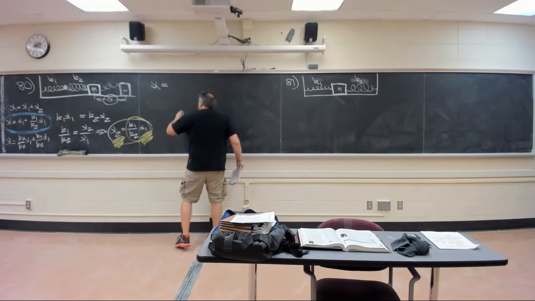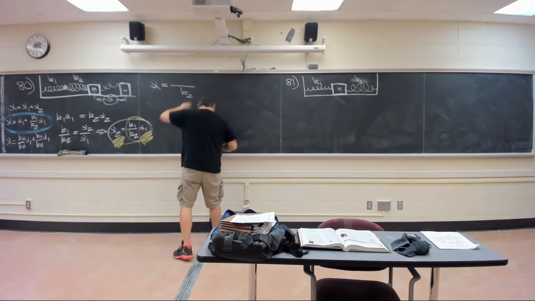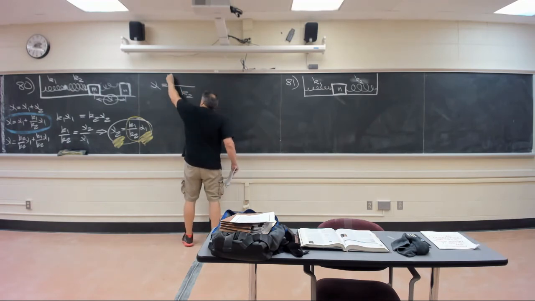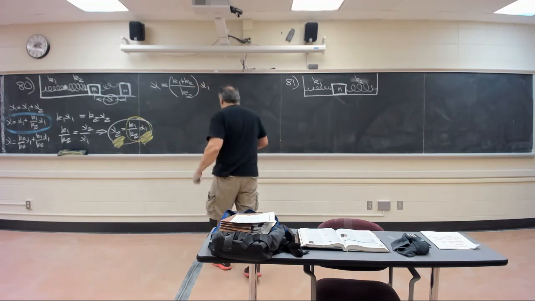K2 on the bottom, K2 plus K1. K2 plus K1 is the same as K1 plus K2, times x1.